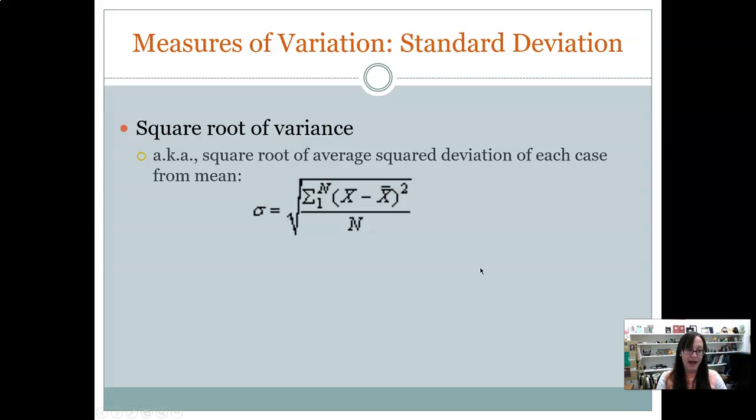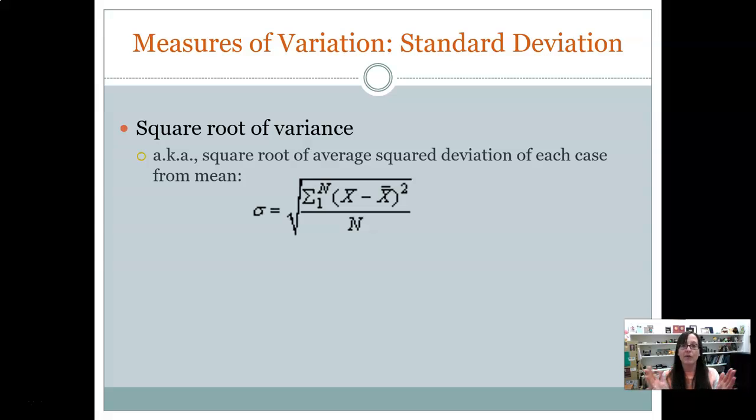The reason for that is because square rooting it brings it back so that the numbers make sense in terms of the values of the cases. If you're, for example, using the variance of age, then your variance will be the average squared years that people are from whatever the mean value of your age is. So if the average age in your sample is 20, your variance is going to be the squared differences of some 19-year-olds, some 18-year-olds, some 22-year-olds, some 24-year-olds.